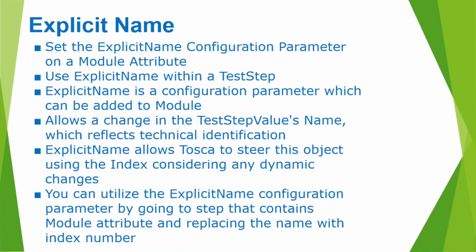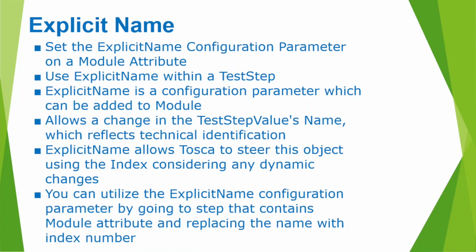Explicit name is a configuration parameter which can be added to your module, and it allows a change in the test step value's name, which reflects technical identification. And explicit name allows Tosca to steer the object using index, considering any dynamic changes.